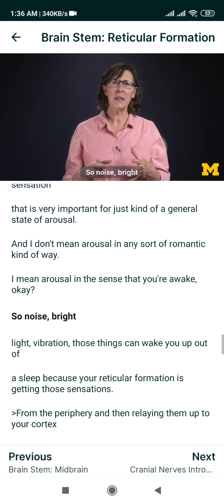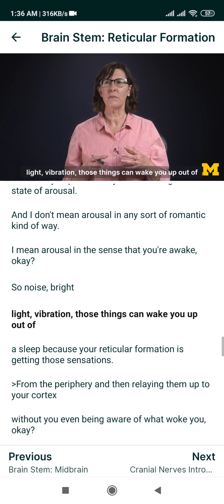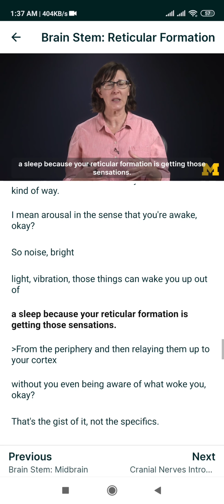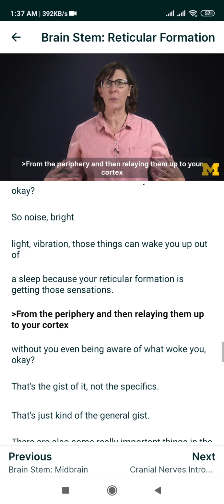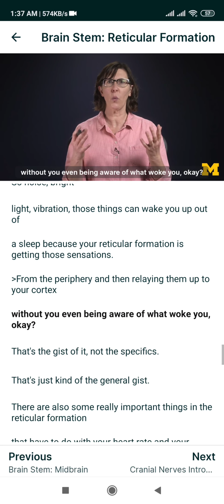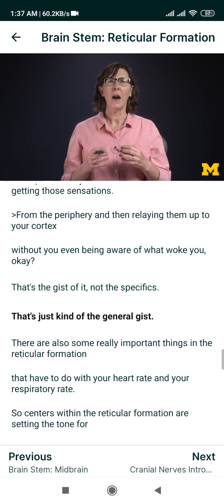So noise, bright light, vibration, those things can wake you up out of a sleep because your reticular formation is getting those sensations from the periphery and then relaying them up to your cortex without you even being aware of what woke you, okay? That's the gist of it, not the specifics. That's just kind of the general gist.